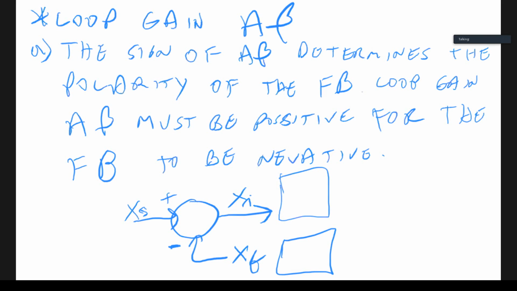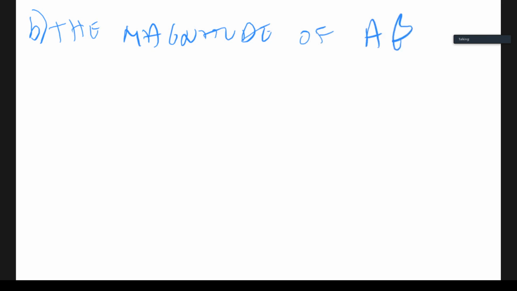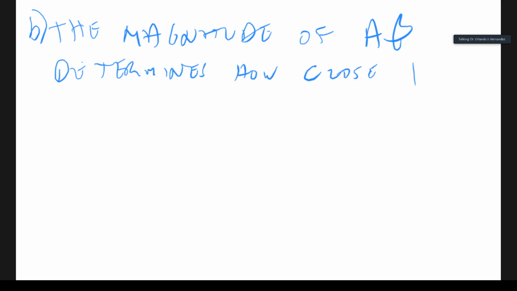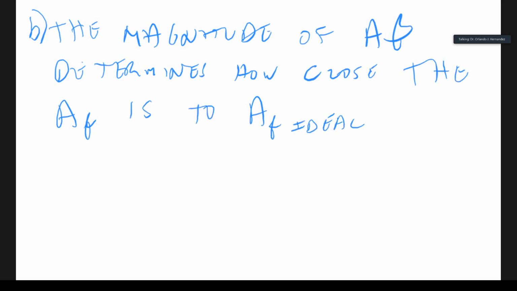One more characteristic. The magnitude of the loop gain determines how close the closed loop gain is to the ideal closed loop gain. And we just went through that.